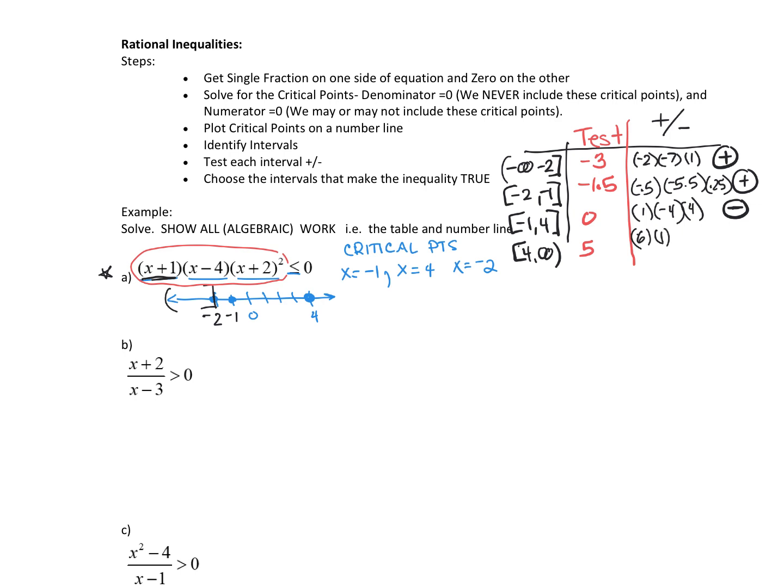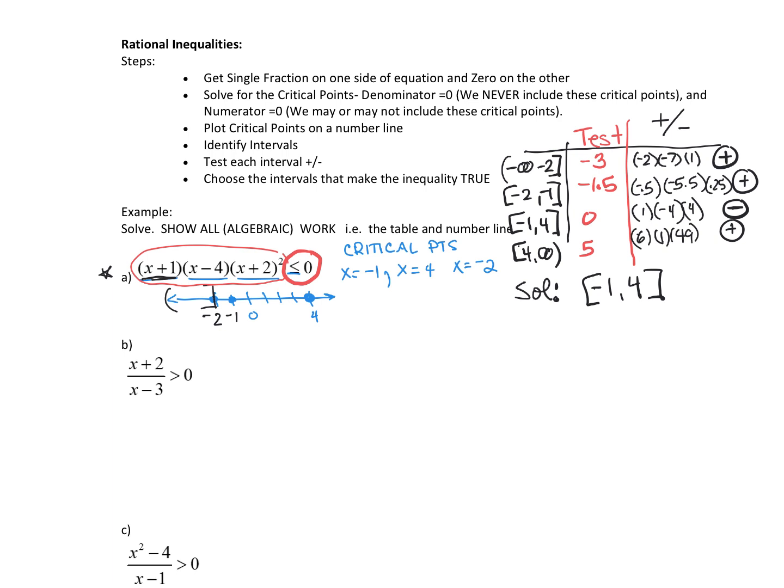And then 5 plus 2 is 7. Squared is 49. That's going to be a positive result. And then we look at our inequality, and our inequality said we wanted to be less than or equal to 0. So our solution set is only going to be negative 1 to 4.